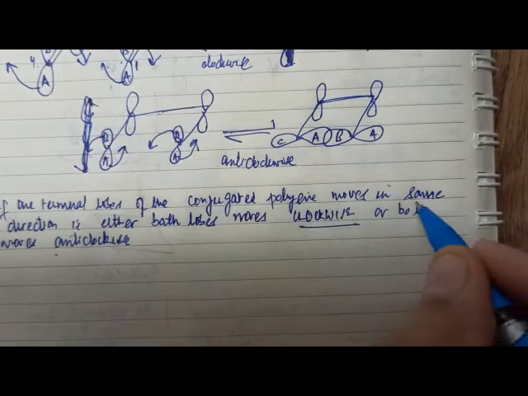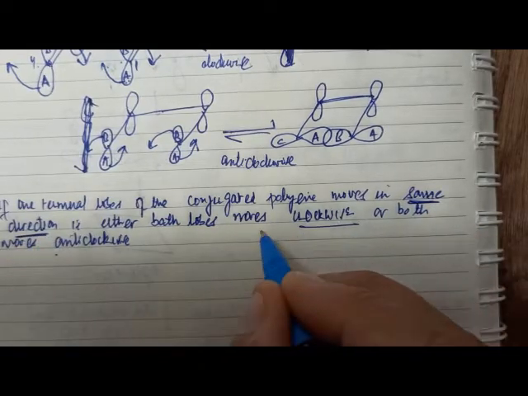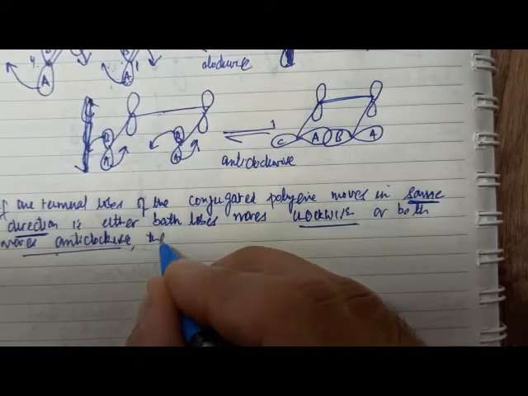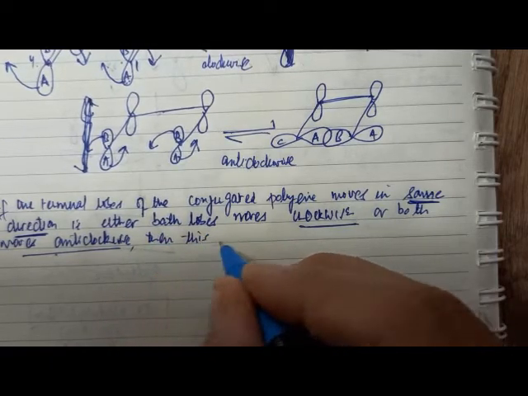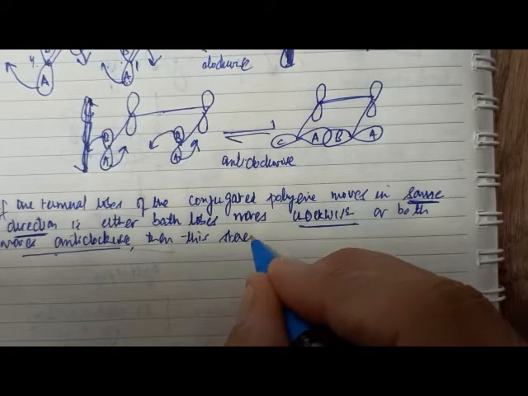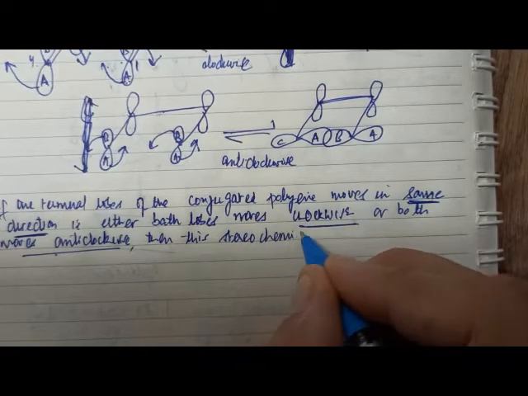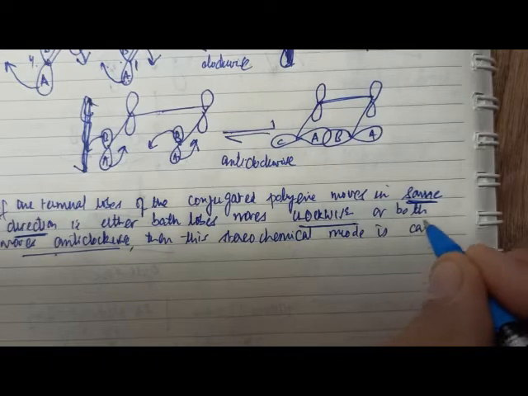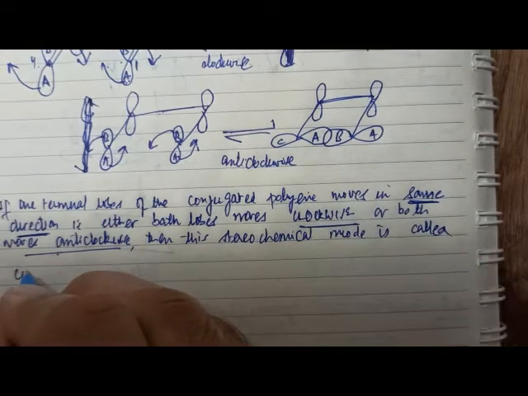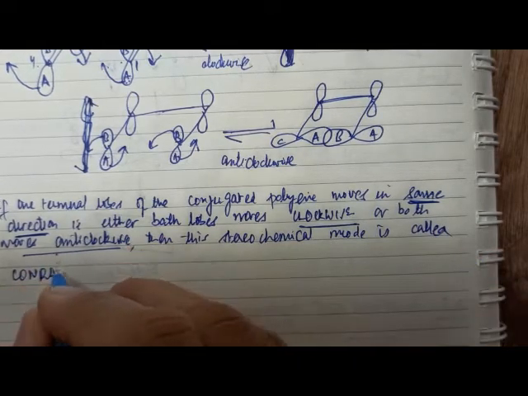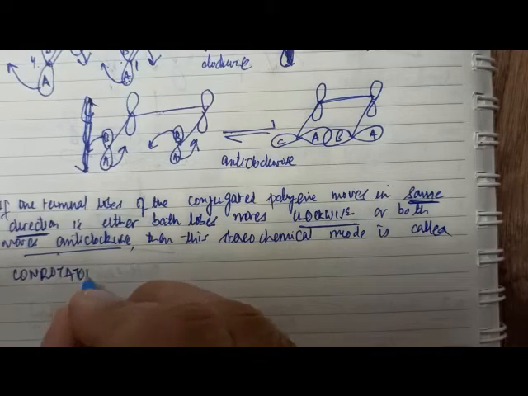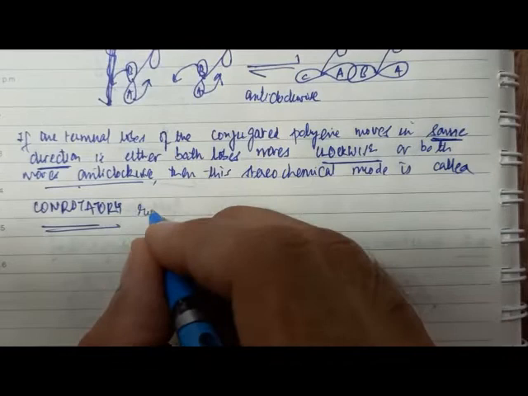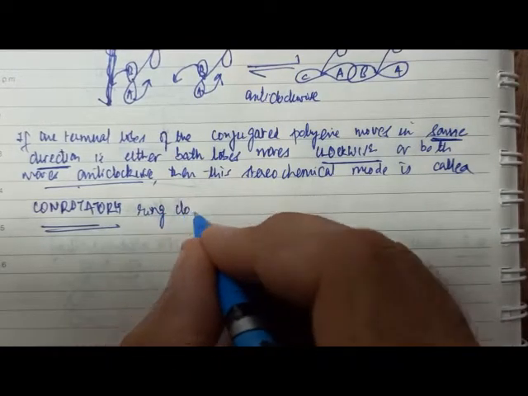In the same direction, both move clockwise or both move anti-clockwise, then this stereochemical mode is called conrotatory ring closure.